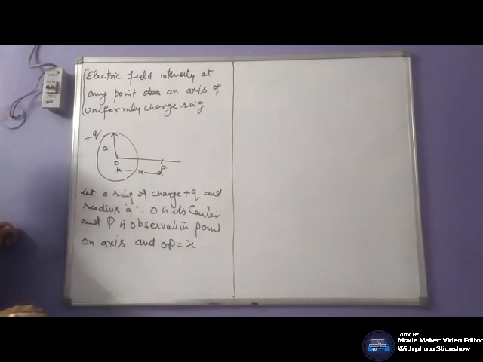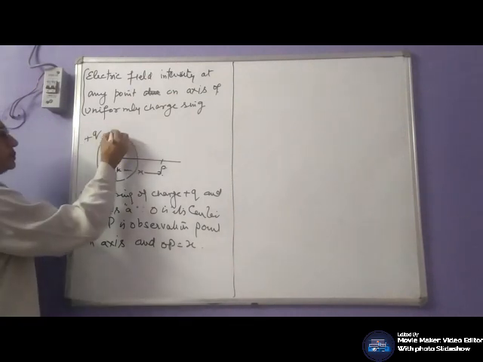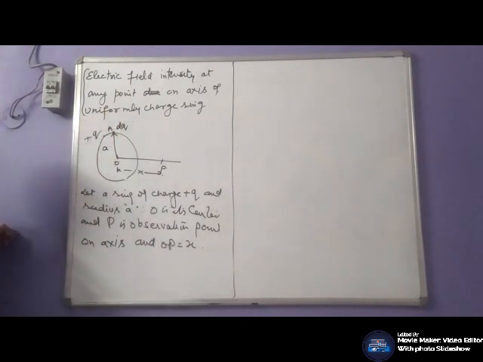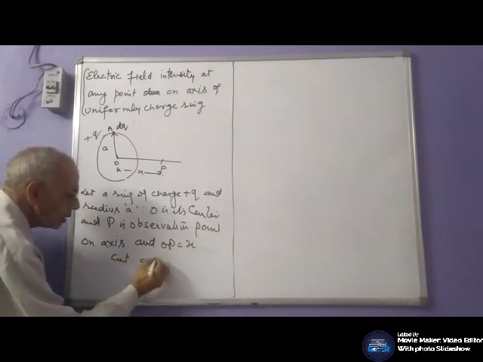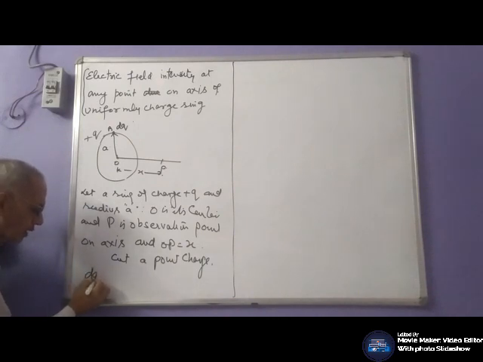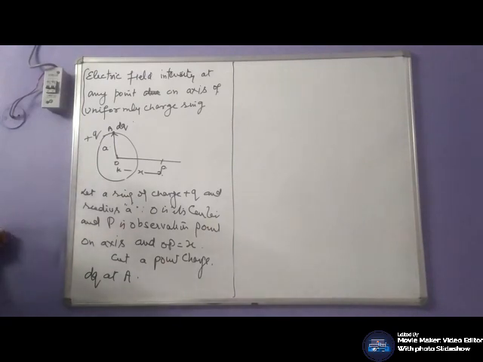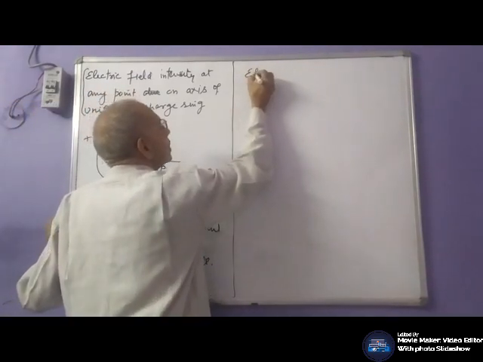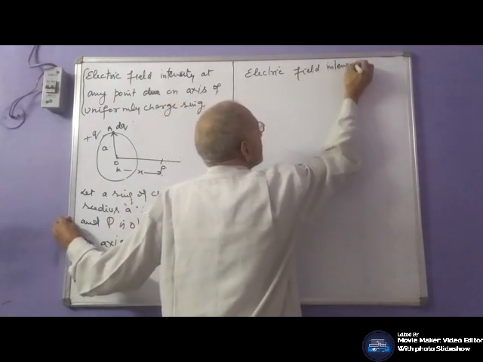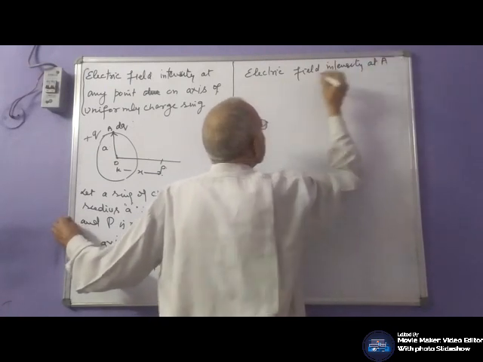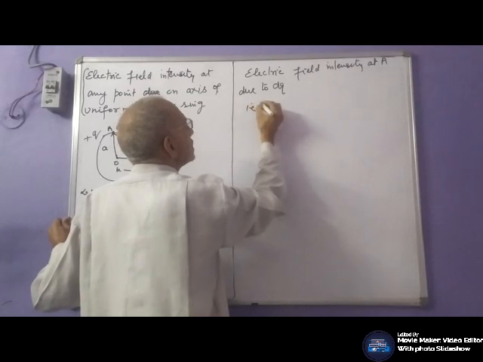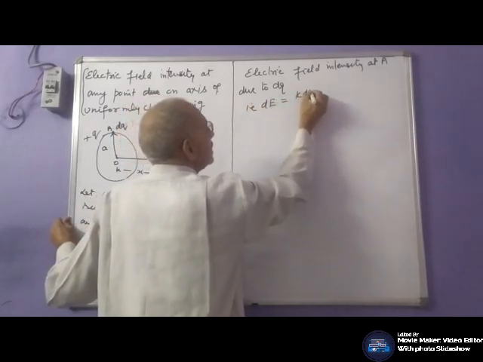We know the electric field intensity at any point due to a point charge. Cut a point charge dq at A. The electric field intensity at P due to dq, that is dE, is k dq by r square.